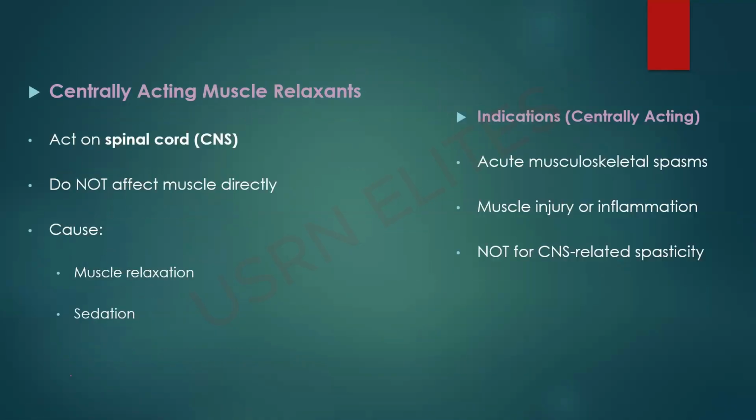Now, for the centrally acting, they act on the CNS. They do not affect the muscles directly, but they affect the central nervous system, especially the spinal cord. They do not affect muscle directly, but they can cause muscle relaxation and sedation.